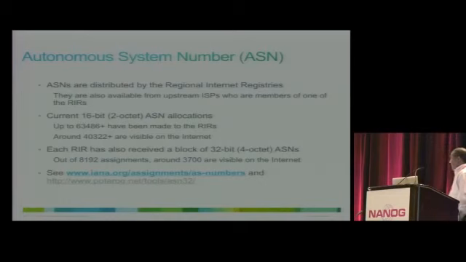As you can see here, from the current 2-octet autonomous system numbers, more than 63,000 have been assigned or allocated, and more than 40,000 are visible on the internet. Some have received 4-octet autonomous system numbers, but their use is not yet as large as the 2-octet ASN.